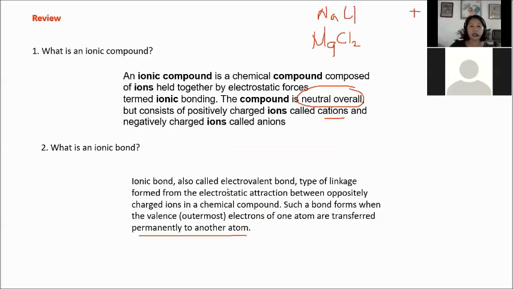We have another type of bonding, covalent bonding, which is sharing of electrons. This one is electro, meaning charges, plus and minus. That's ionic bond.